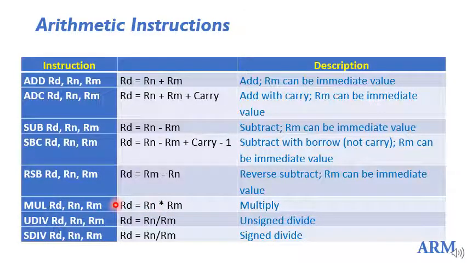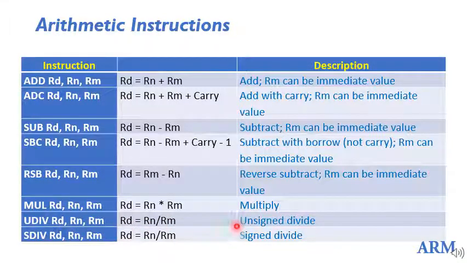Okay, then there are multiplications for signed numbers as well, that we'll see a little later. Coming to division, UDIV. UDIV stands for unsigned divide. So UDIV RD, RN, RM will perform Rn divided by Rm, and the quotient will be stored in Rd.